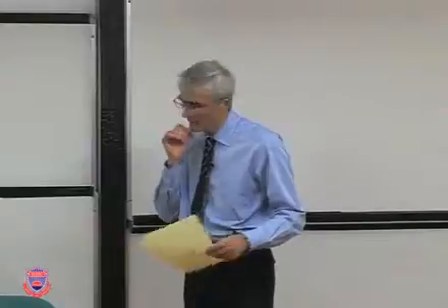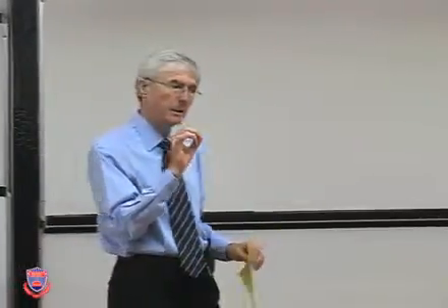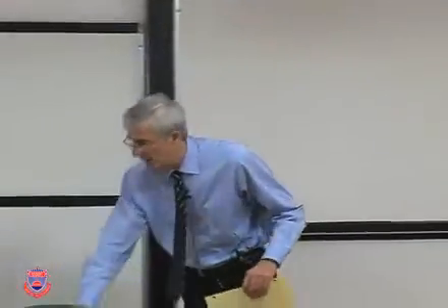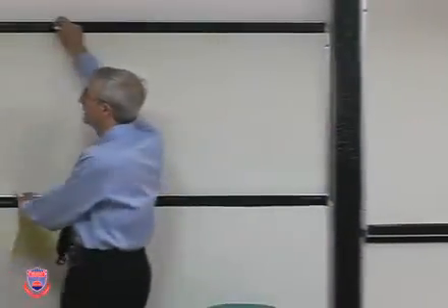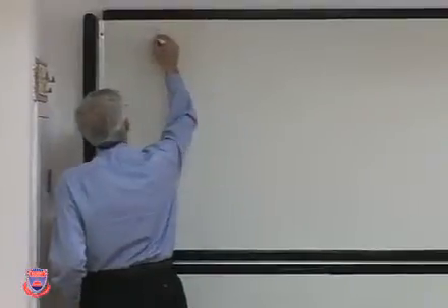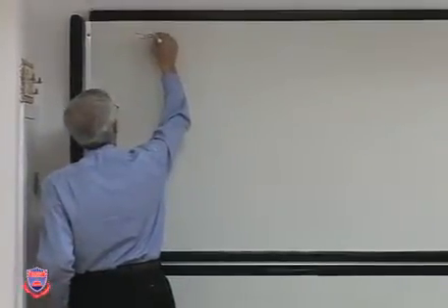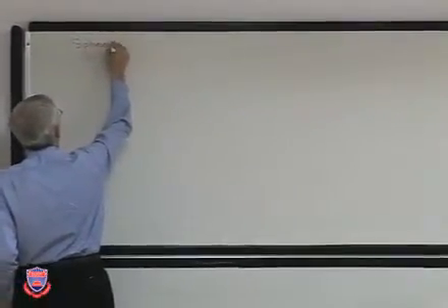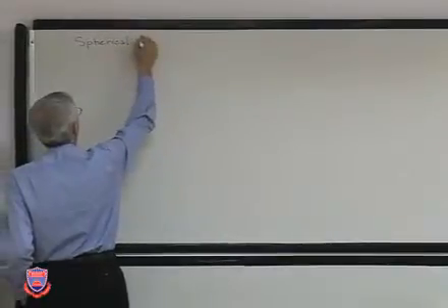Now, what I want to do first is just give you a very general approach, and then we'll go into the more specifics and simplifications and so on. Now, let's say spherical radiation.